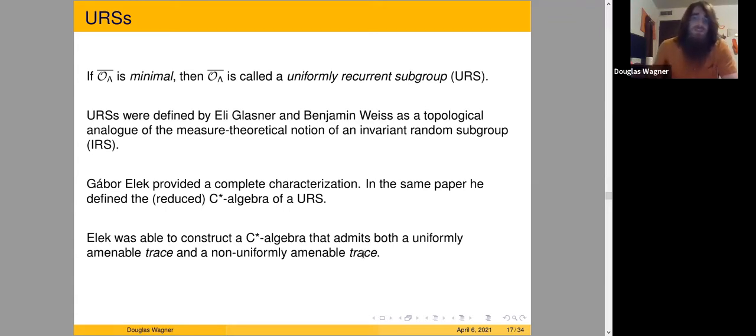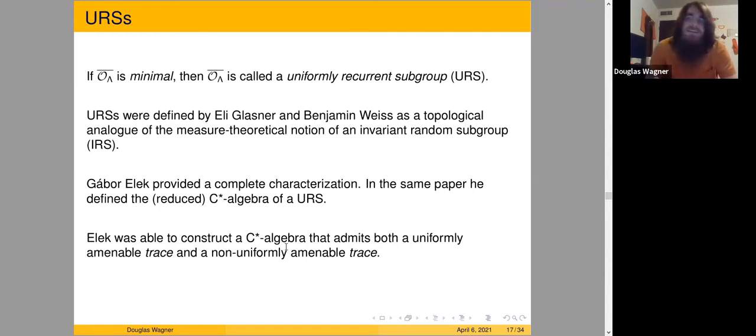So a trace you can think of as like the trace of a matrix where you add up its diagonal. Amenable is related to the group definition. It mostly just means it's a nice trace. And the rest you don't have to worry about.